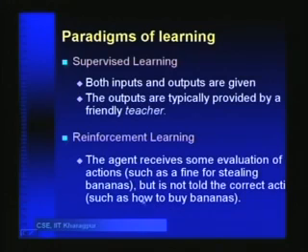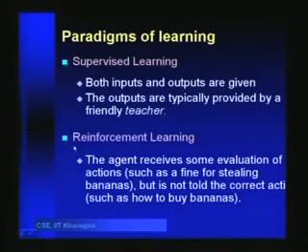So, we are not teaching the agent the correct actions, but there is some kind of cost criterion which the agent attempts to optimize, and depending on the actions and the cost feedback that it gets, it starts learning the function. For example, a person who does not know any traffic rules and does not know how to drive starts learning driving on his own, and then he gets a ticket for parking in the wrong area, he gets a ticket for speeding, and that is the way in which he learns the rules of the game. That is called reinforcement learning.